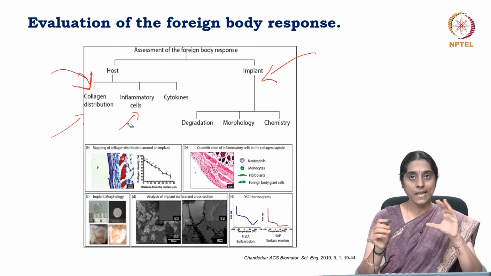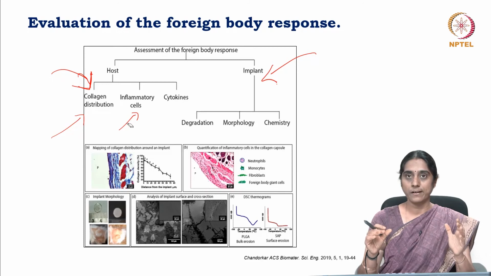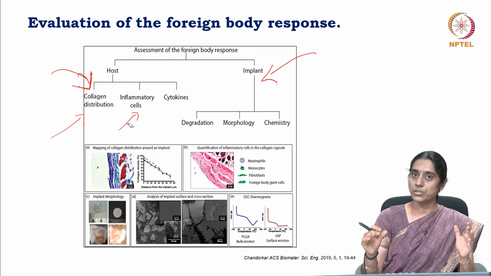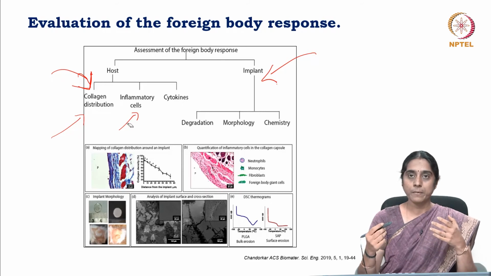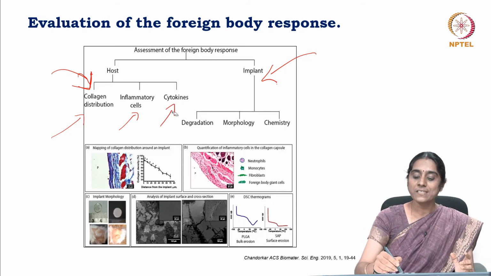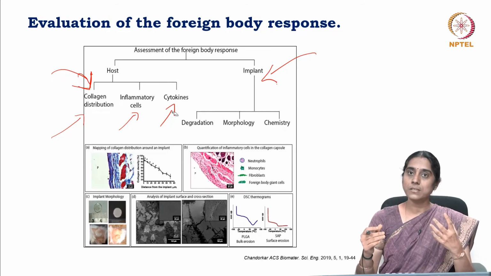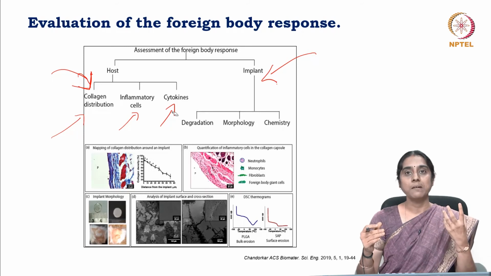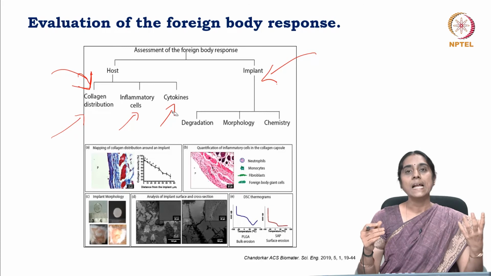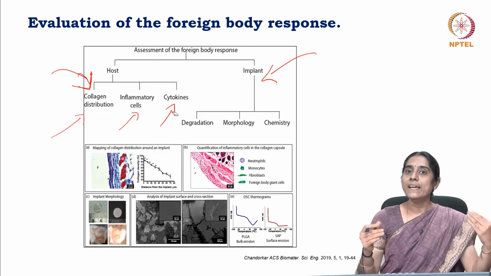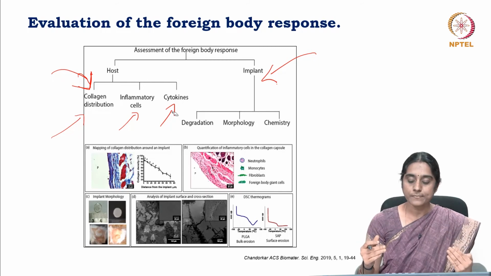Then the inflammatory cell accumulation at the site of the biomaterial can be studied either by immunohistochemistry or by flow cytometric methodology, or we can study the cytokine profile from the site of implant placement. All these parameters will tell us the degree of foreign body response towards the biomaterial.